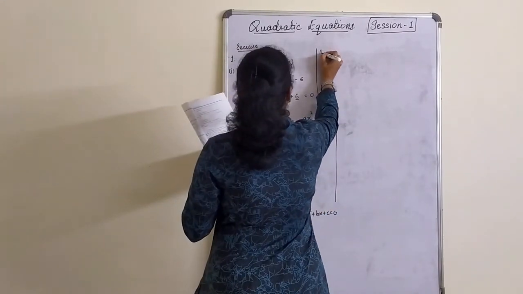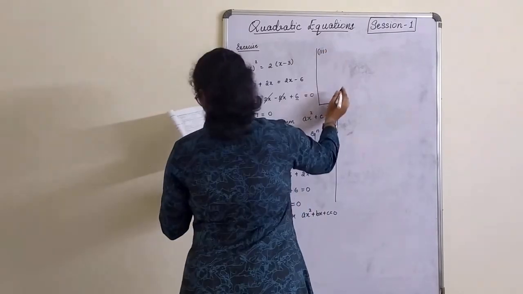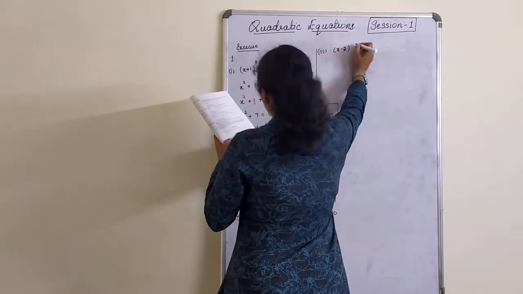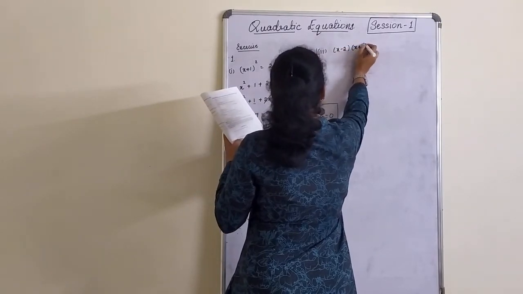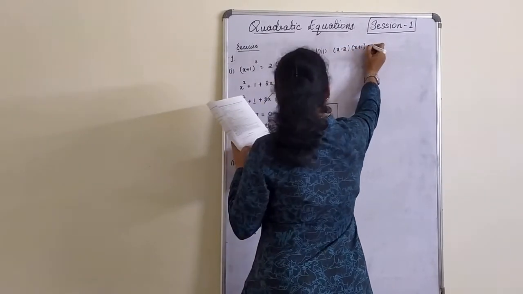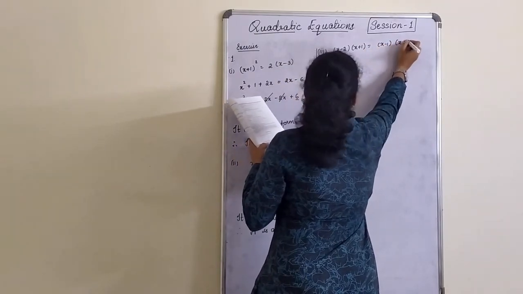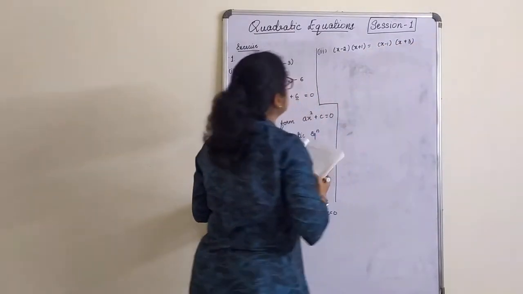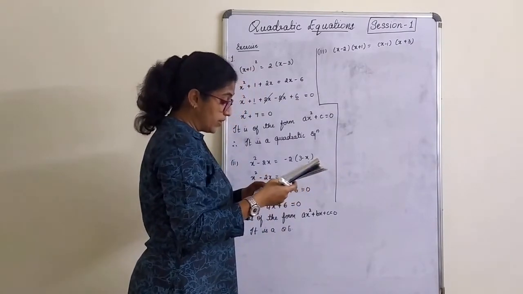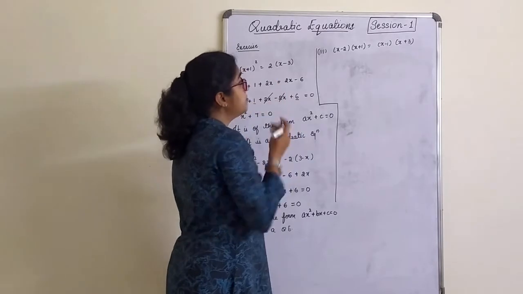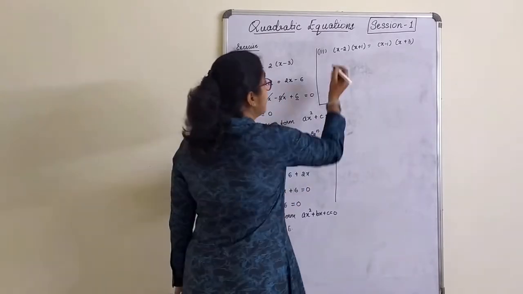Third one. x minus 2, x plus 1 is equal to x minus 1 and x plus 3. Let's do the binomial by binomial multiplication here.